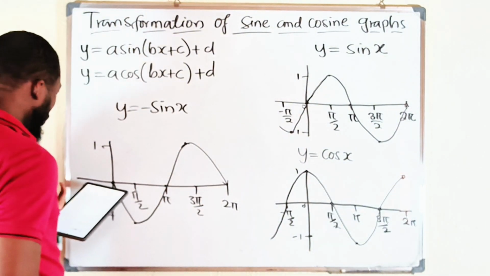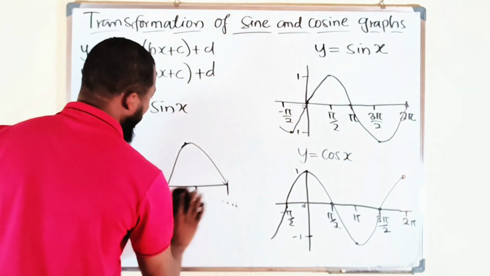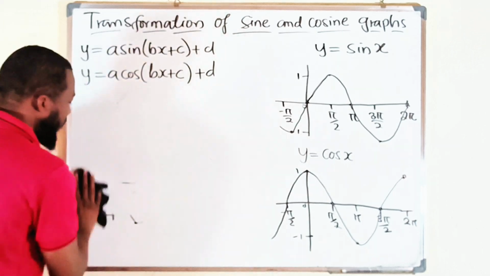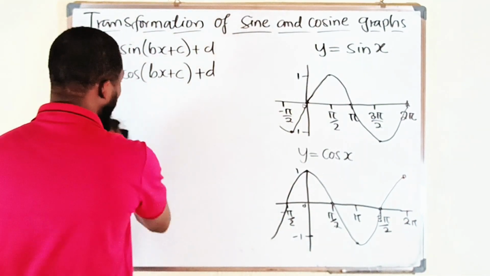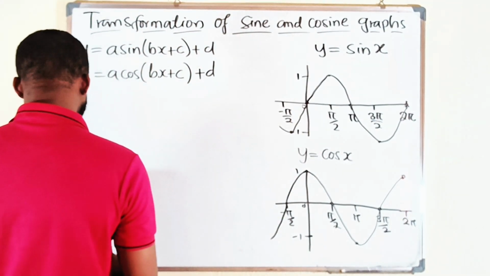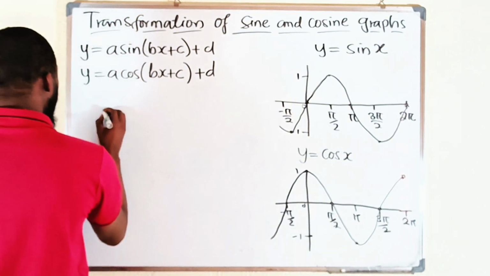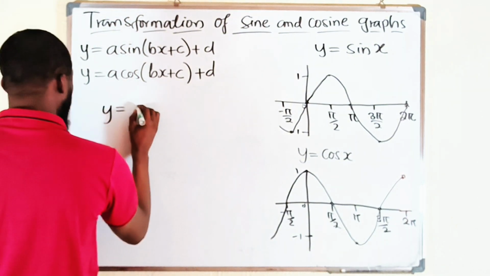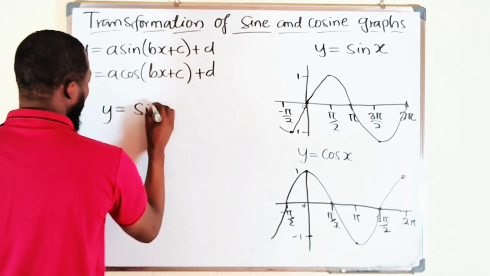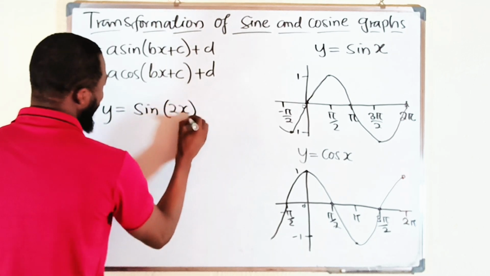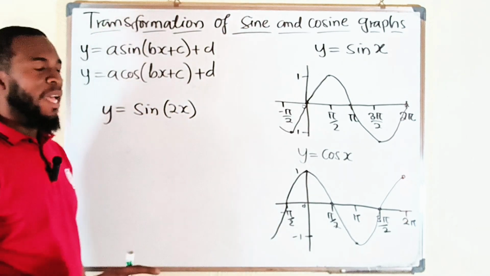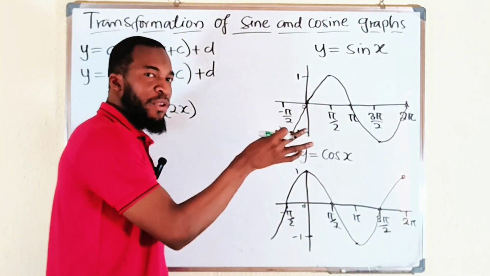The next one is going to be period. We are going to talk about period now. Sometimes we have an effect on the period. If you have y equal to sine of 2x, I told you that that coefficient of x has an effect on the period.